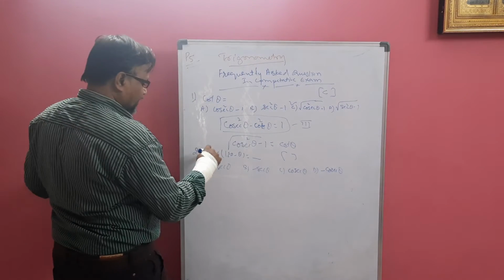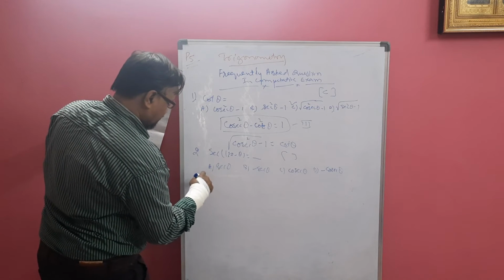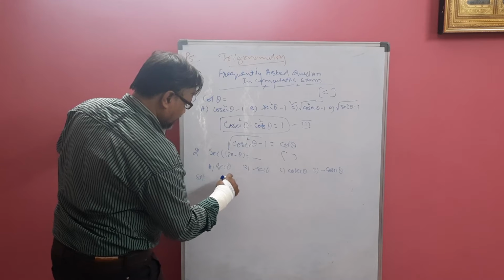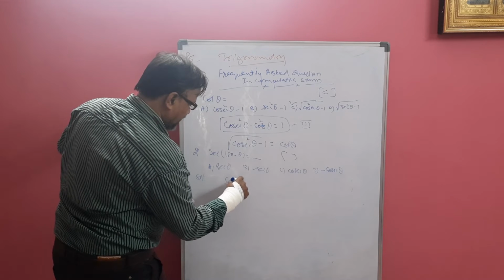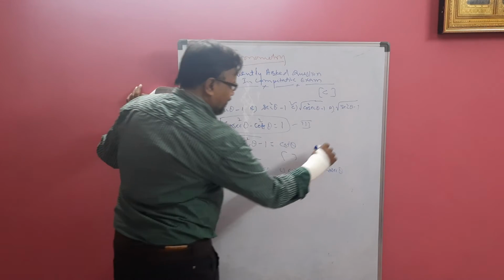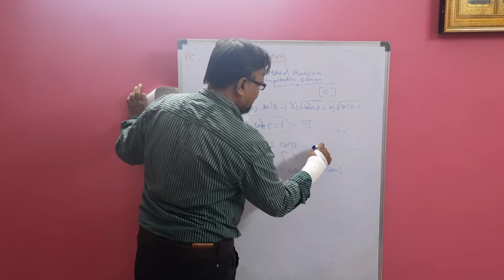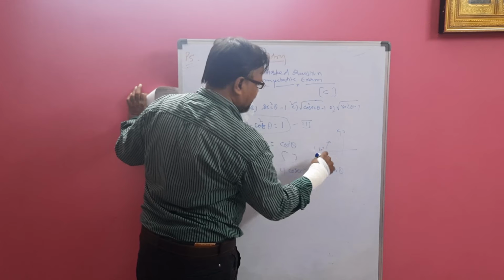Now see that 180 is given, the solution of it we have to get. How? Sec of 180 minus theta. We know that here is 90, here 180. 180 minus theta comes in this one.